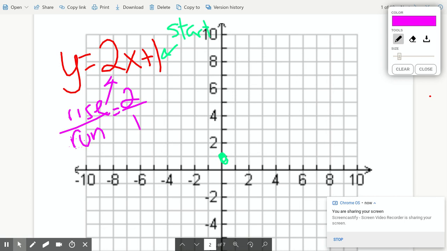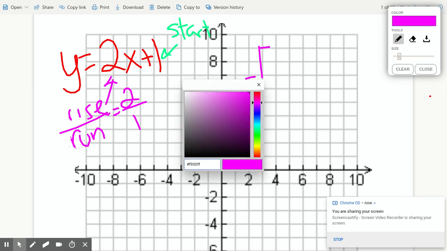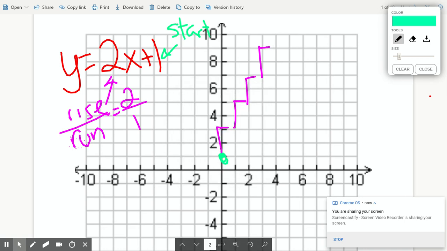That means I'm going up 2 over 1, up 2 over 1, and making points at each of those stairs. In the opposite direction, you have to go down 2 to the left 1, down 2 to the left 1. And there is my linear function.